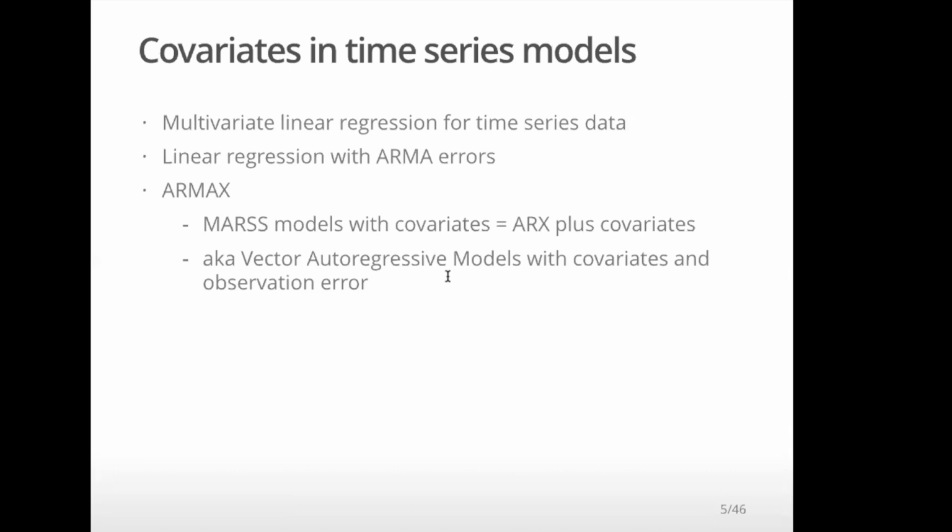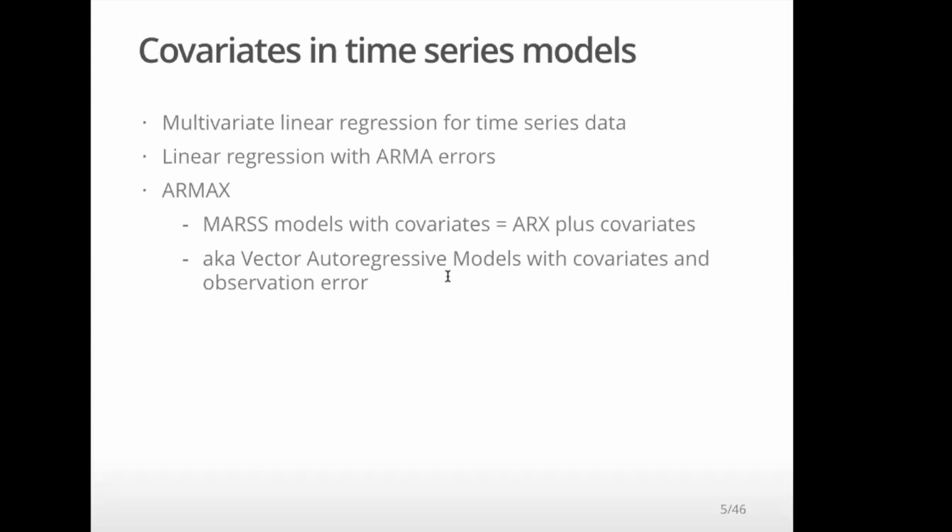Another common approach is a regression, I put linear here, but you can think more generally that it's just some kind of regression, but our errors in that model are autoregressive. So we're modeling those with an ARMA process.